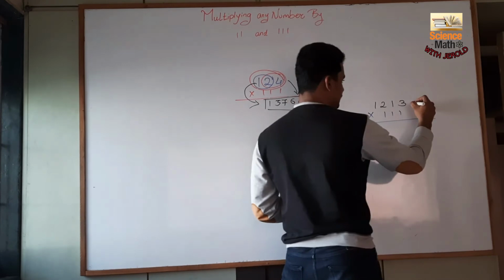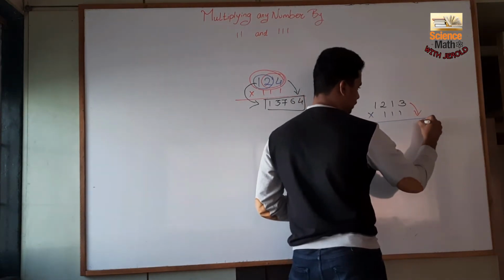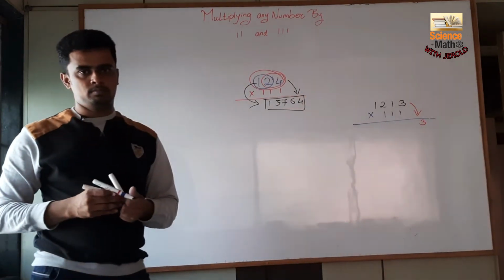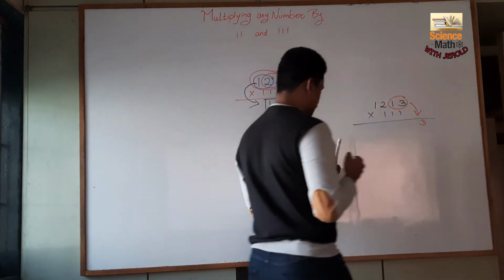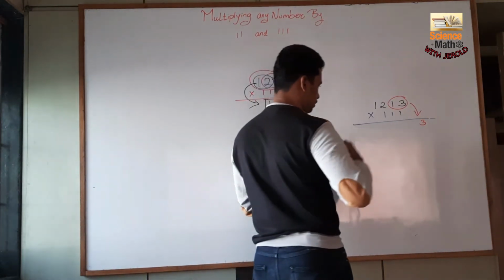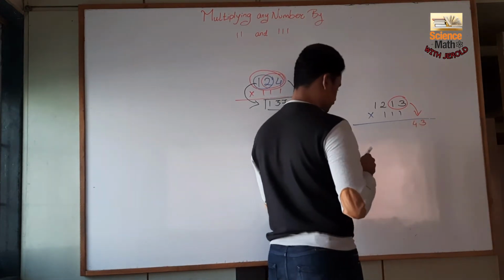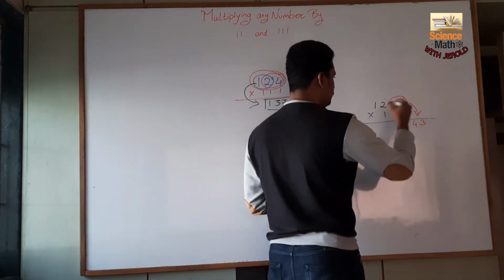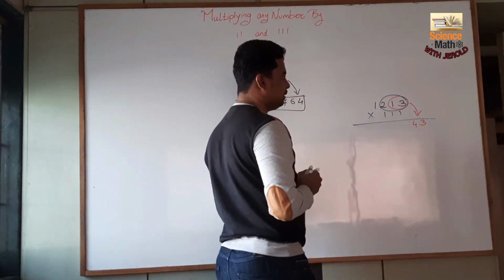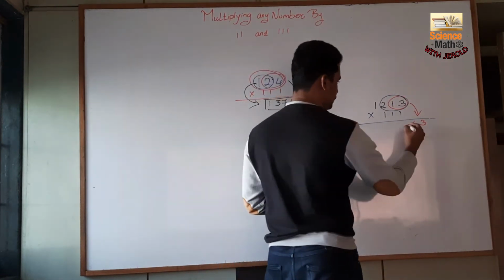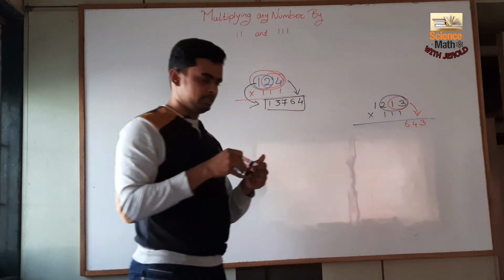What we have done previously, 3 will come as it is. Next, adding these two numbers will give me 4. Adding 3 numbers will give me 2 plus 1 is 3, plus 3 is 6. So the next digit is 6.